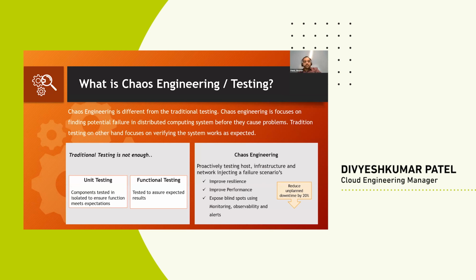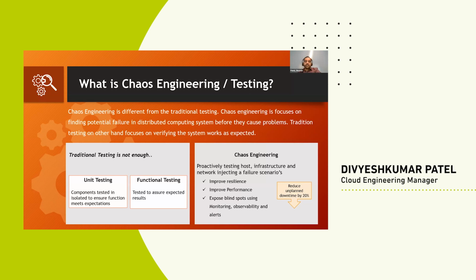Traditional testing is not enough because unit testing is focused on component-level testing, where we isolate and ensure the functionality meets expectations. In the same way, functional testing is focused on assuring expected results.